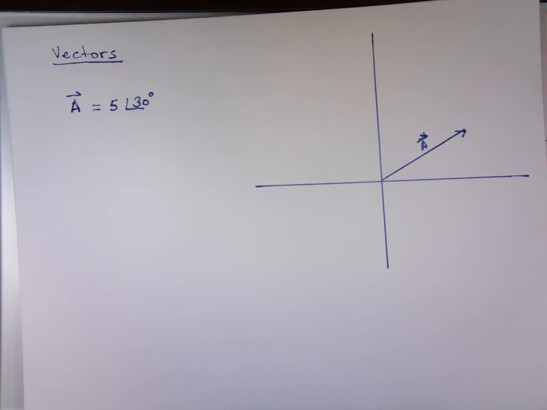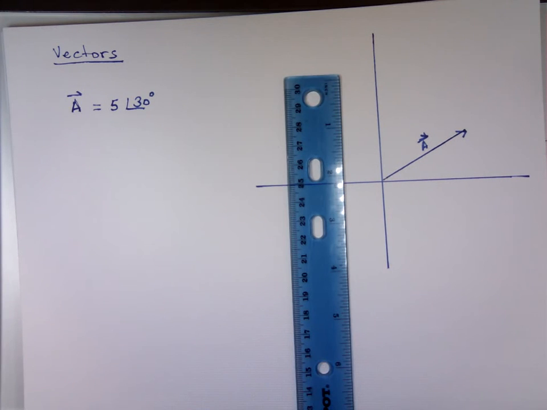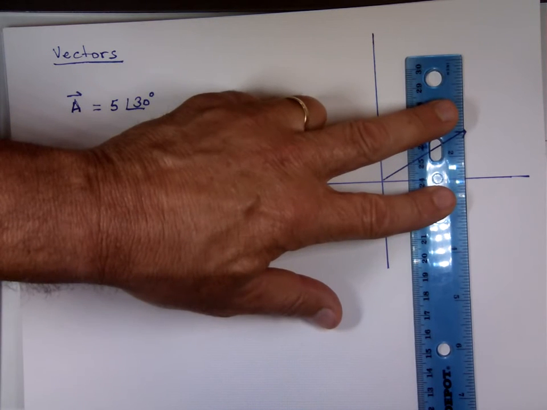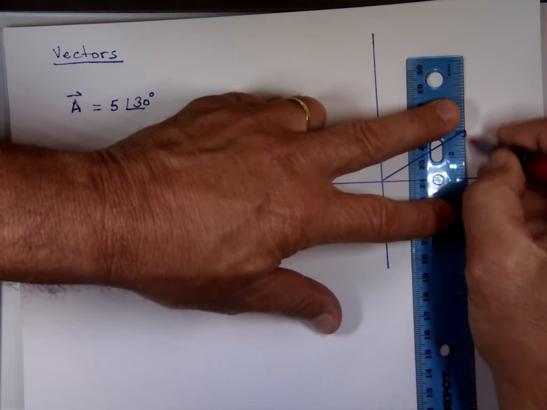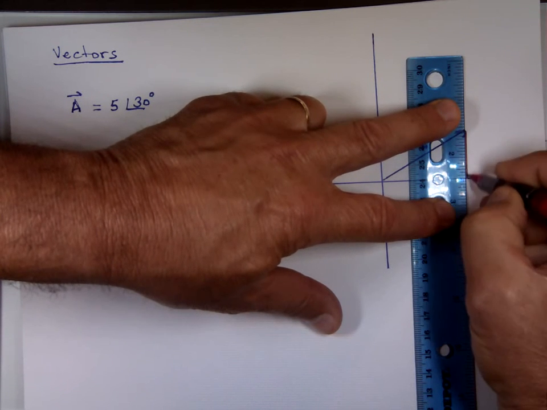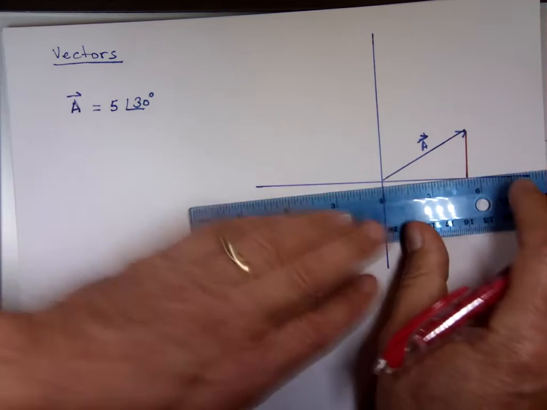If I want to find the x and y component for that, if you remember that from pre-calc or geometry in high school, we can find the x and y component. The one going up and down is called the y component, and this is called the x component.